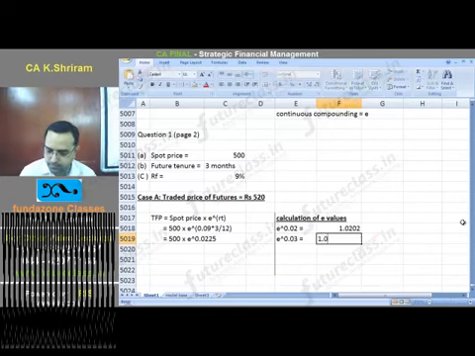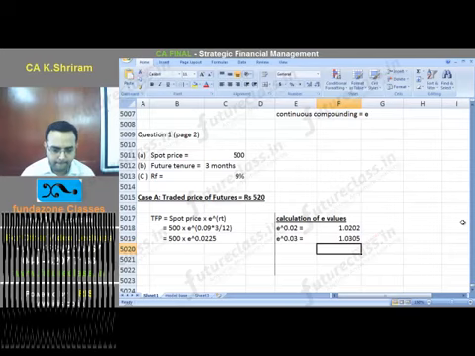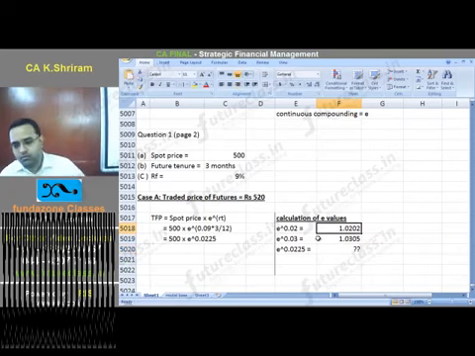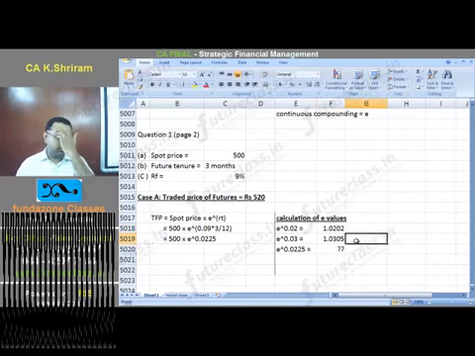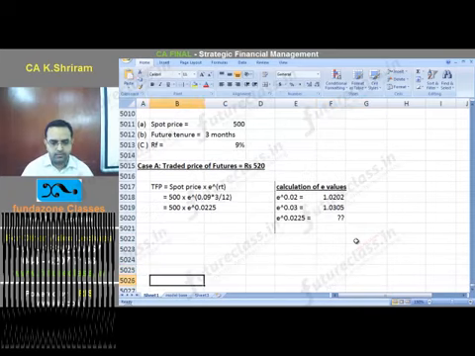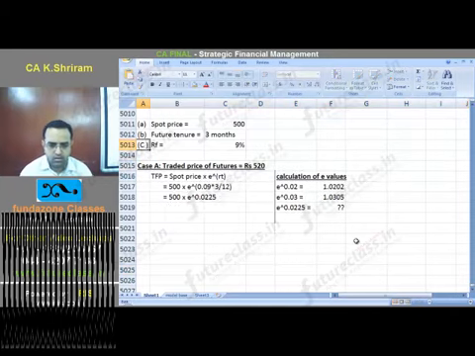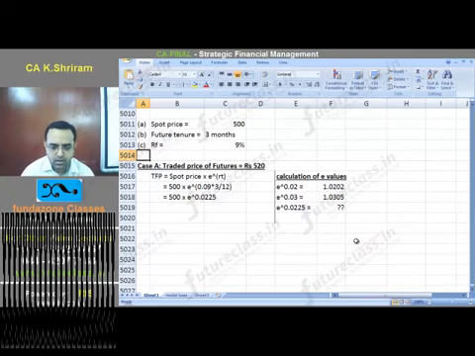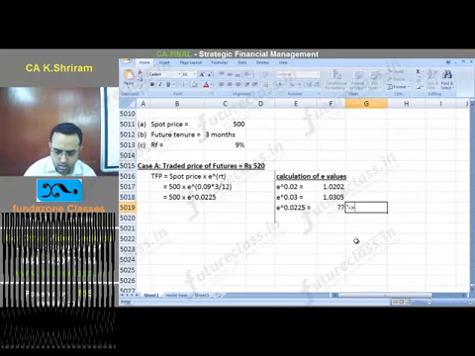e power 0.03 is how much? What is the number that you get? 1.02.